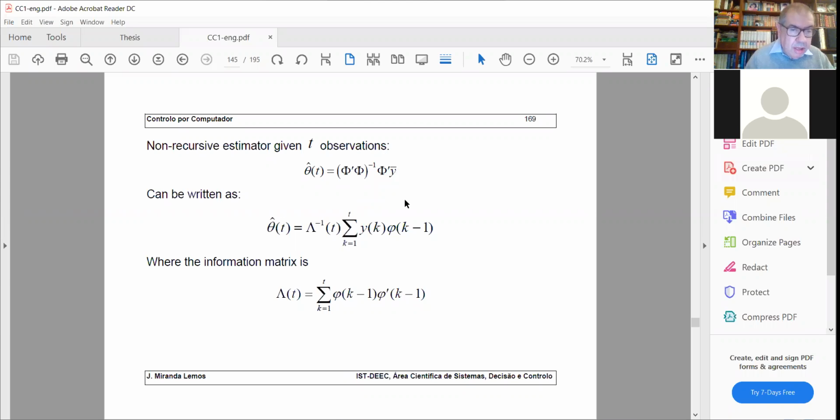Okay, now you can show by a number of manipulations. Perhaps the simplest thing is to do an example, a 2-by-2 example. I won't do it, but you can do it at home. You can rewrite this formula in this other way. Okay, so this capital lambda, this is the Greek letter capital lambda, is nothing more than Phi transposed Phi.